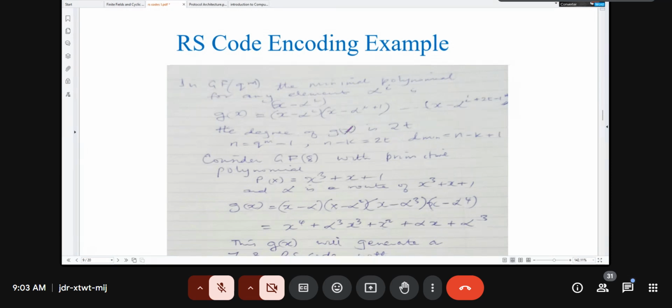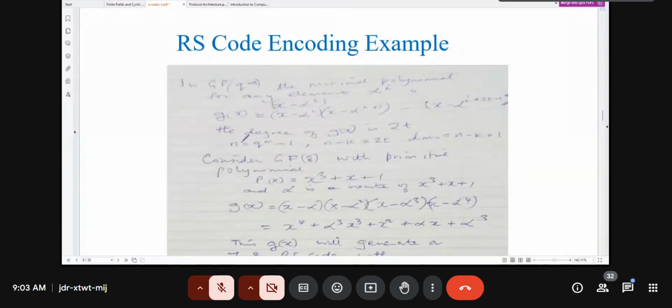The degree of g(x) is 2t. So this will start with x minus alpha to the power of 1 up to x minus alpha to the power of 2t. So the degree of this g(x) is 2t.